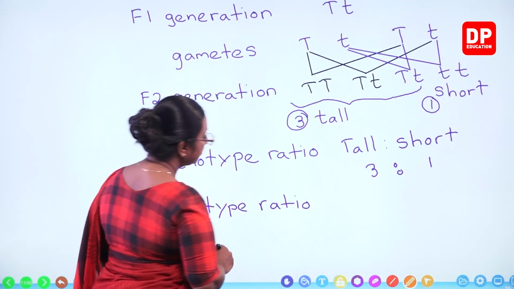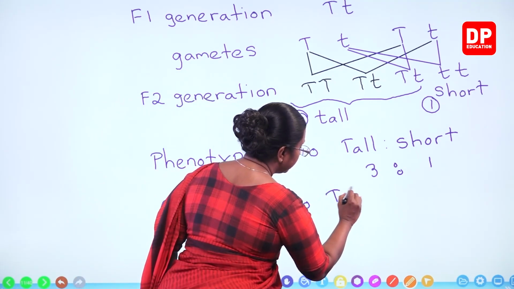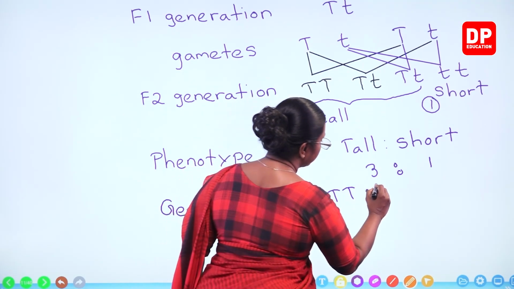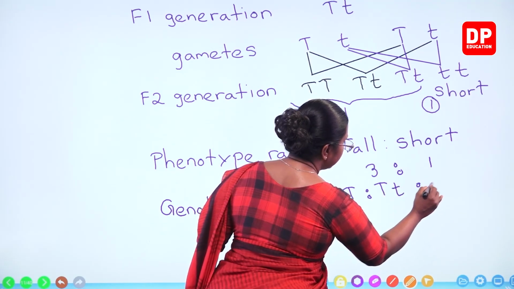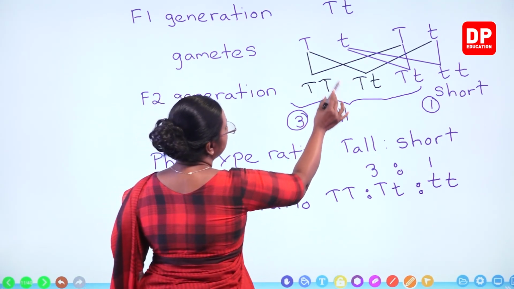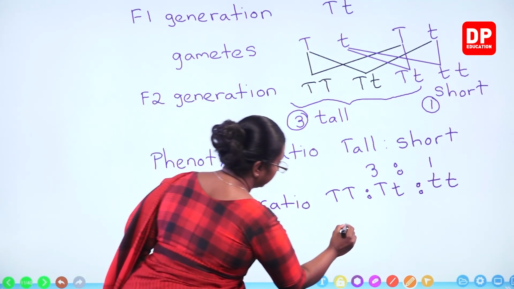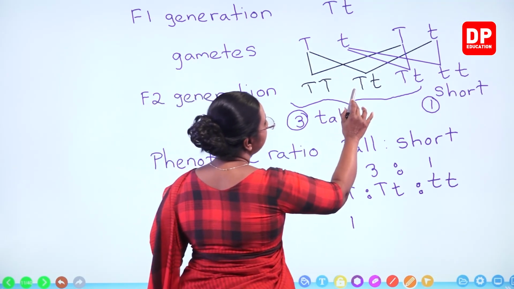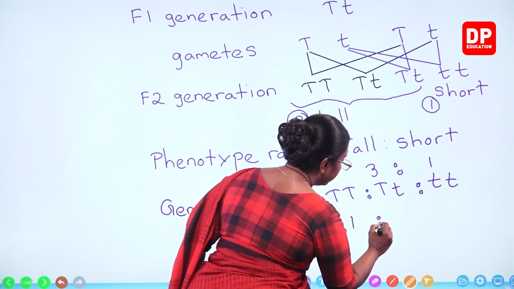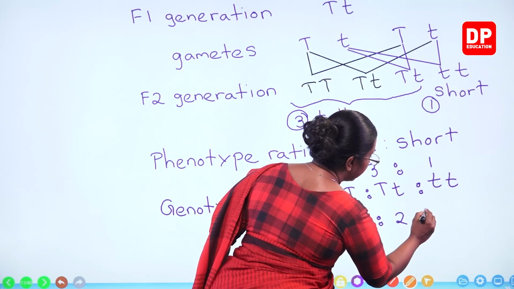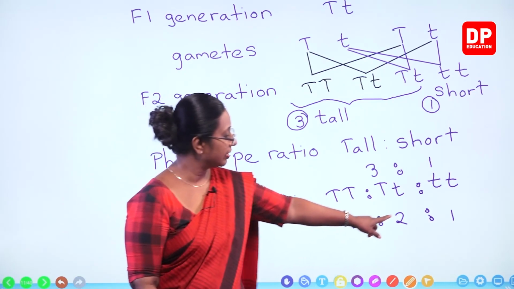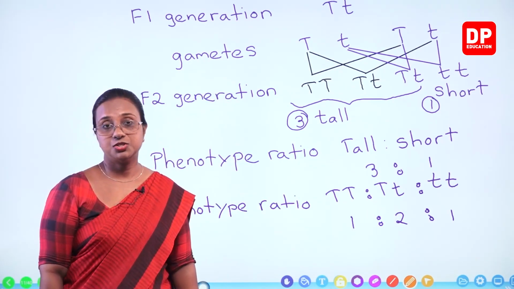Now when we say genotype ratio, capital T is to capital T, capital T simple t, that is to simple t. What is the ratio? You have 1 capital T, 1. But you have capital T, simple t combination 2. So here it is 2. And that is to simple t 1. So this is known as the genotype ratio.